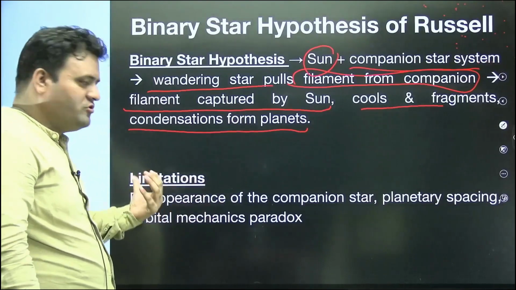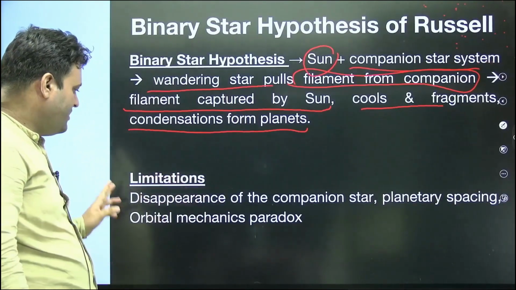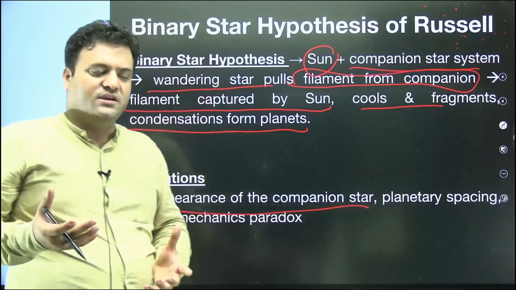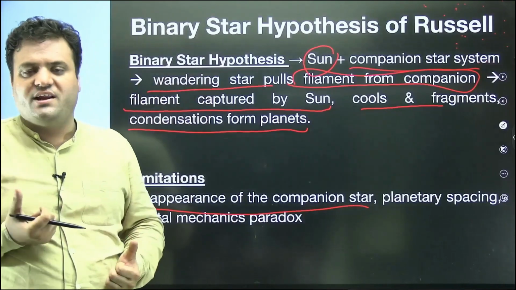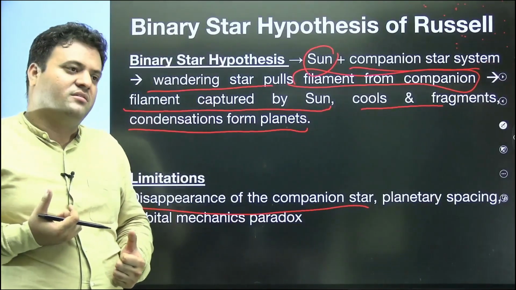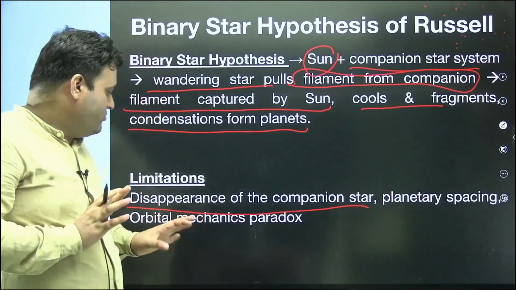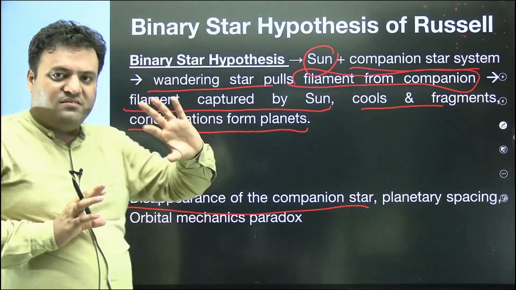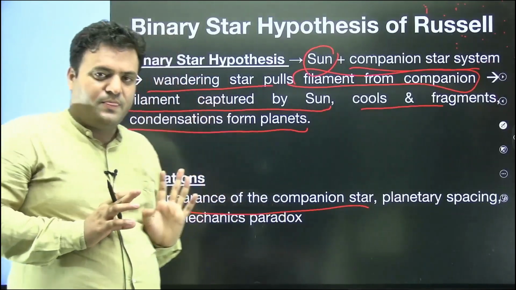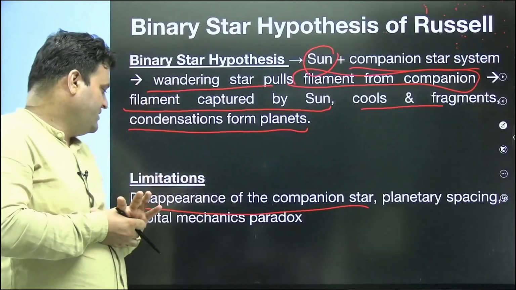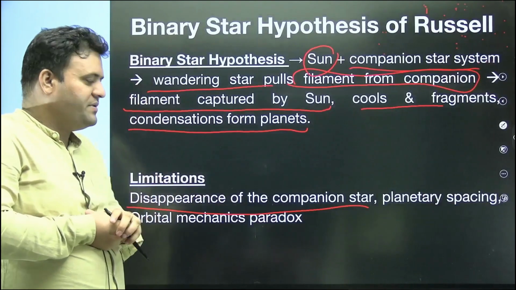Now this theory also has some limitations. First, the disappearance of the companion star. Yes, there was some ejection of material from the companion star, but that doesn't mean the companion star completely decayed. Lastly we would have two suns in existence, so there was a lack of clarity on the disappearance of the companion star.